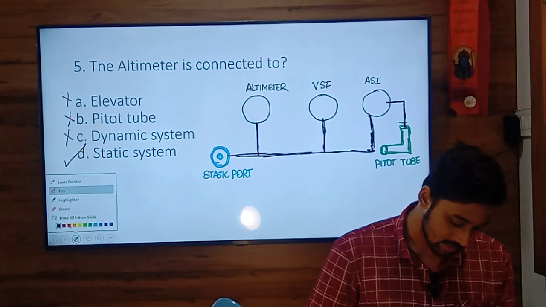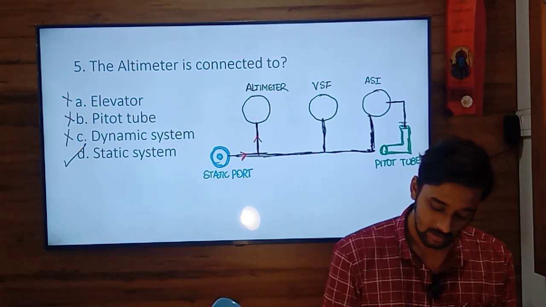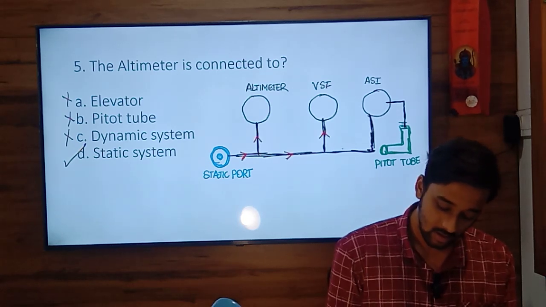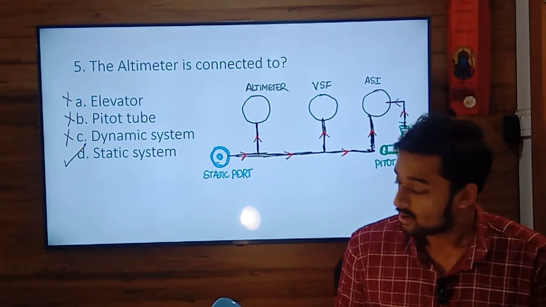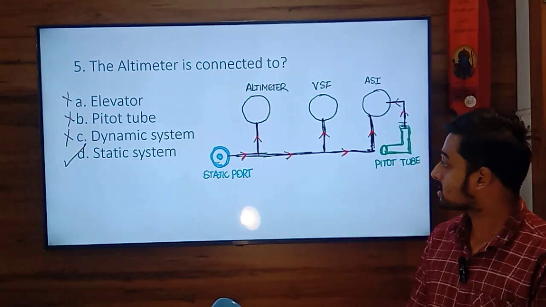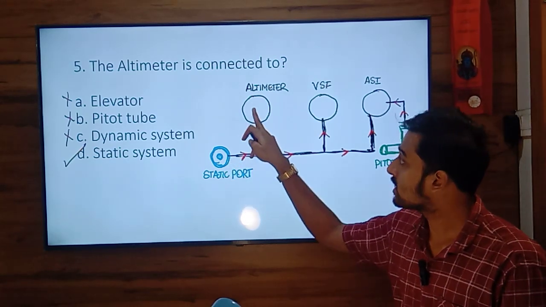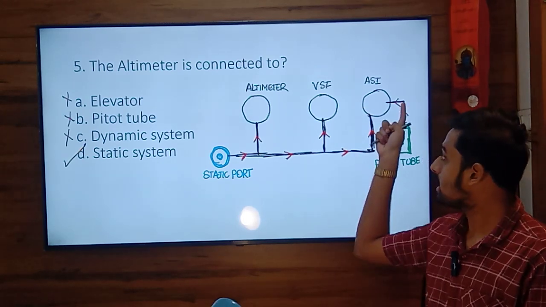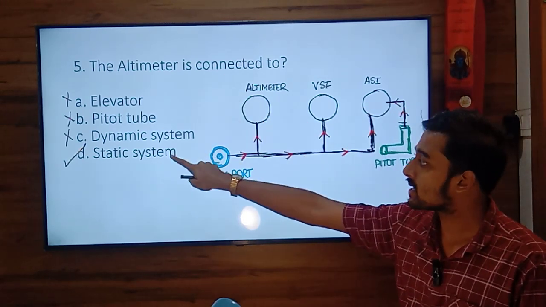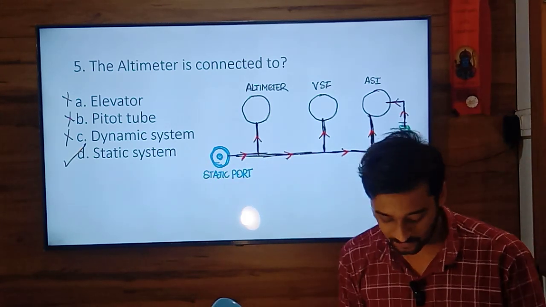So this is the final diagram. This is a static pressure system. From the static port, we get static pressure delivered to all three pressure instruments. The pitot tube serves only one instrument, the airspeed indicator. So the altimeter is connected to the static system directly, not the pitot system.